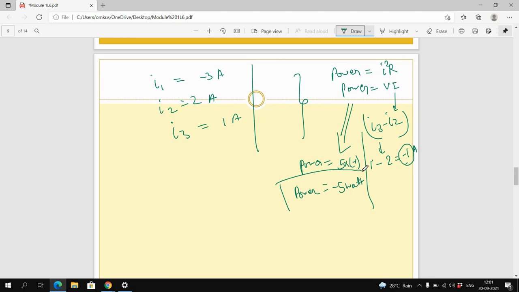If I convert this negative term to a positive term, it looks like power delivered, but this is wrong. Actually it does not deliver power, it sinks power. So the power sink is 5 watt, right?